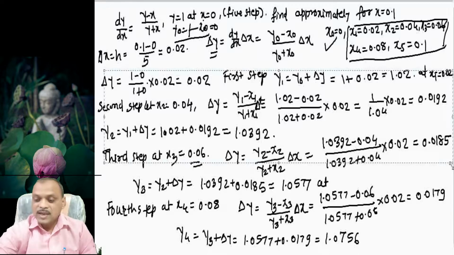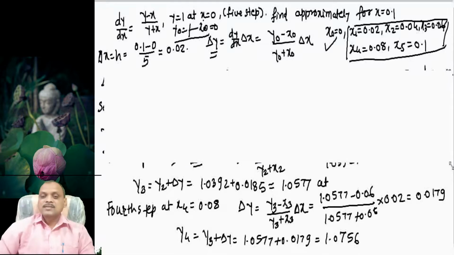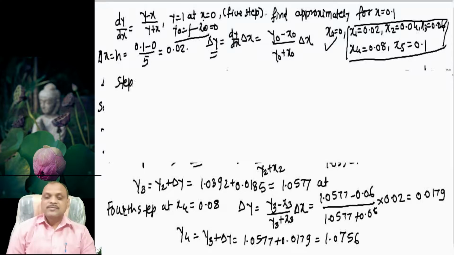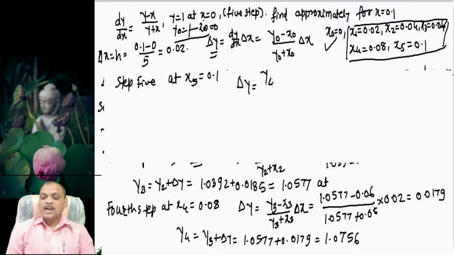And our last step of this problem is y5, at the point x5. So fifth step, at x5 equal to 0.1. Again we need delta y, which is (y4 - x4)/(y4 + x4) into delta x.